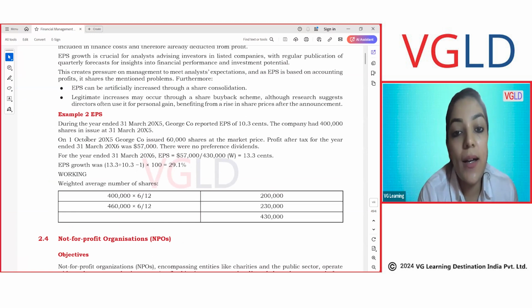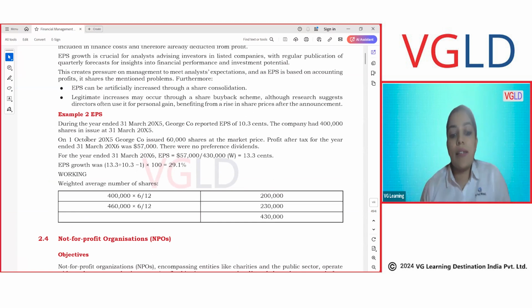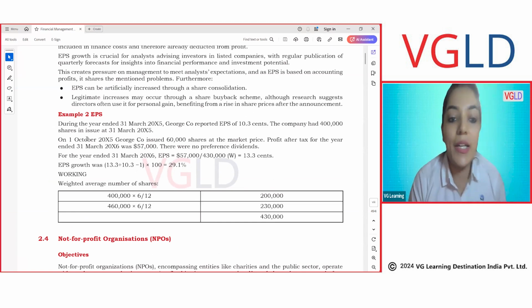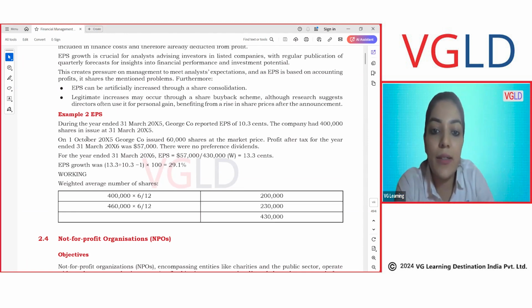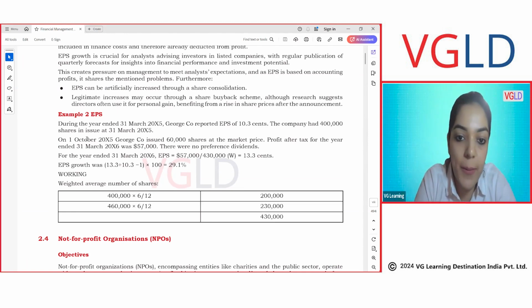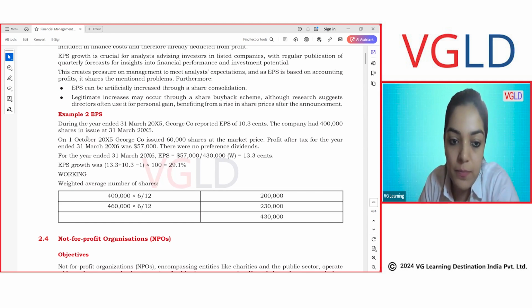Cents meaning what? 100 cents make up a dollar. The company had 400,000 shares in issue at 31st March 2015. On 1st October 15, George Company issued 60,000 shares at the market price. Profit after tax for the year ended was 57,000. There was no preference dividend.